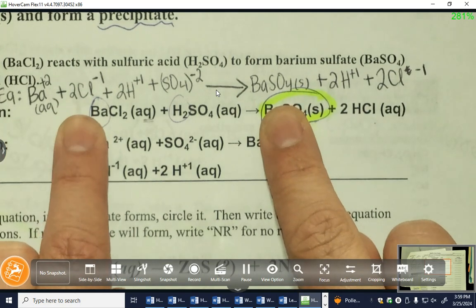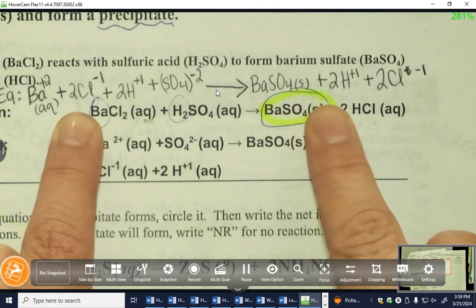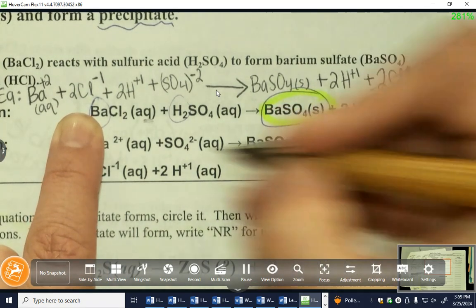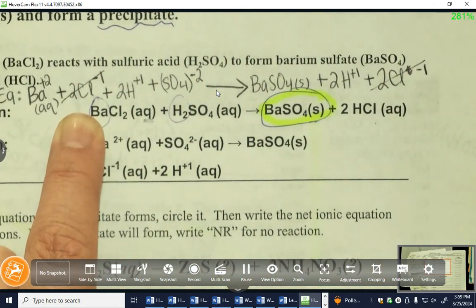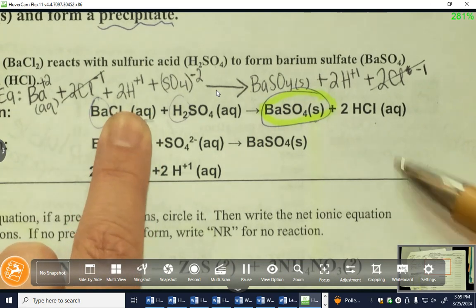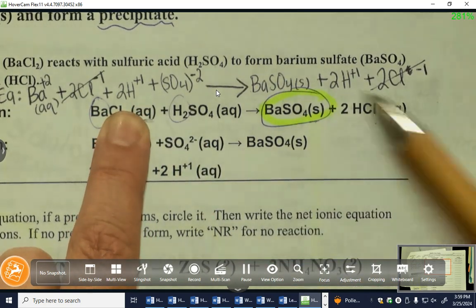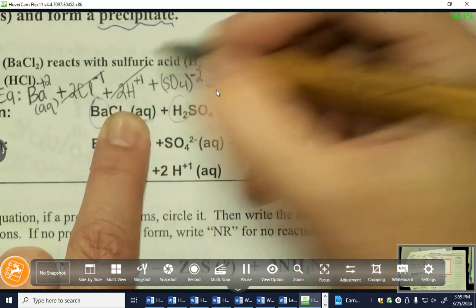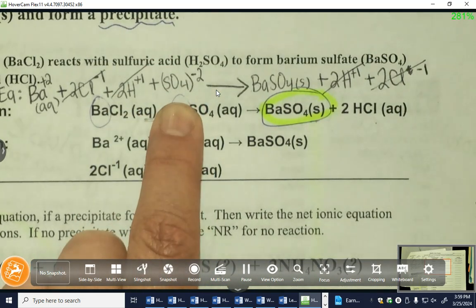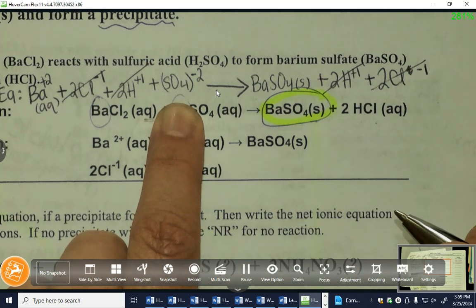No. Okay, how about 2Cl with a -1? Yep. So we're just going to go like that, like that. You're just showing this process one time. All right. 2H with a +1. Is that over on the product side? Yep. So cross those out. SO4 with a -2. No.